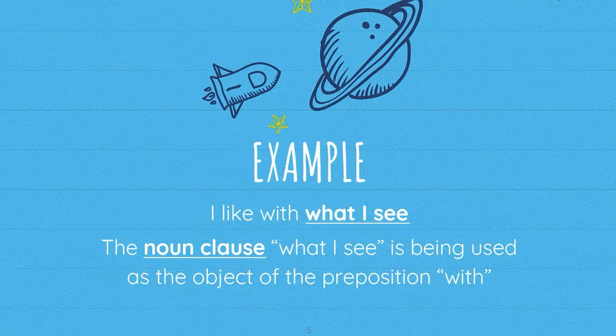Now, for the example of noun clause, as you can see in the video, I have written a sentence, I like what I see. The noun clause here is starting from what I see.